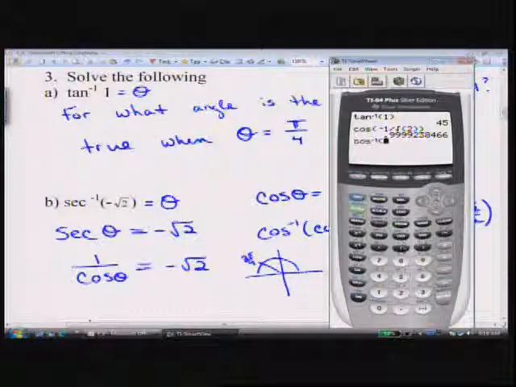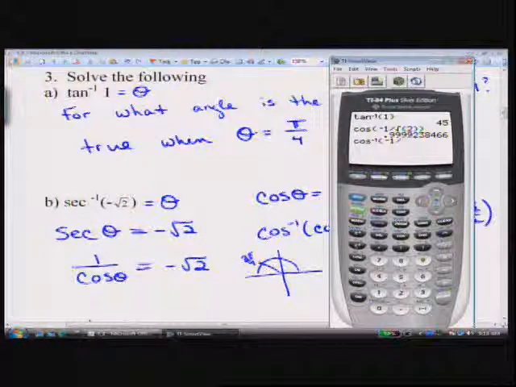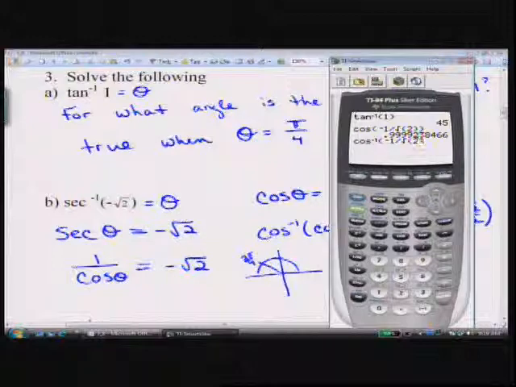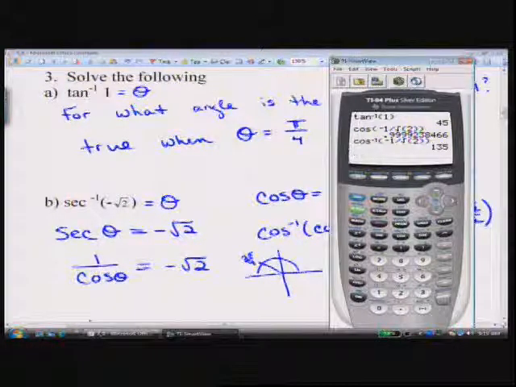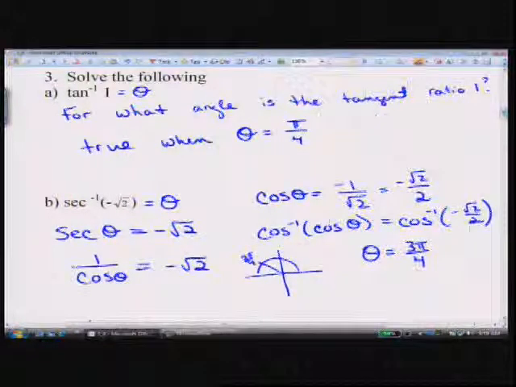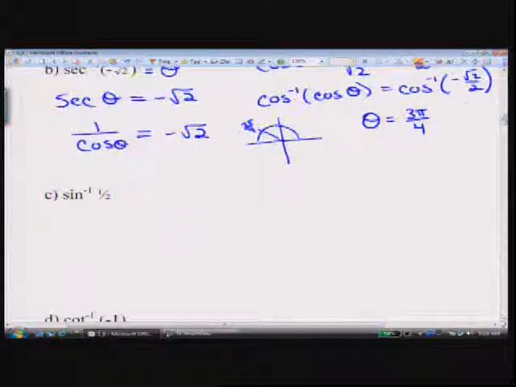Inverse cosine, negative 1 divided by the square root of 2. And it gives me 135, and I convert that to radians by multiplying by pi over 180. So if you're forgetting some of this stuff, you can always use your calculator as a tool. But I hope that you also look at your circle and kind of feel how that is 3 pi over 4.